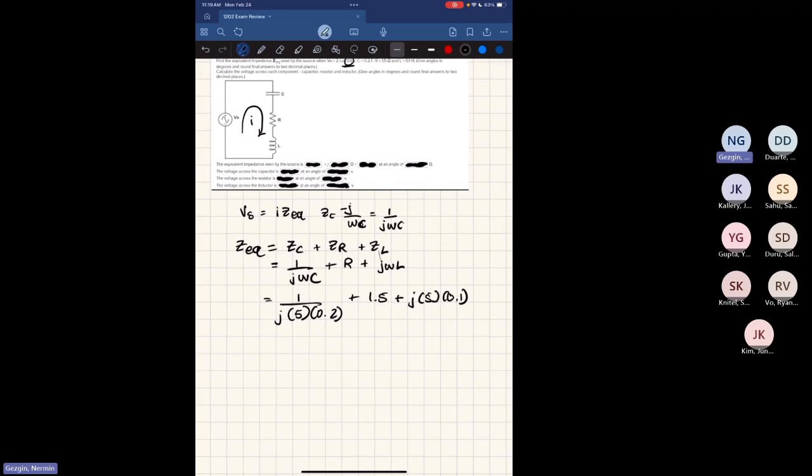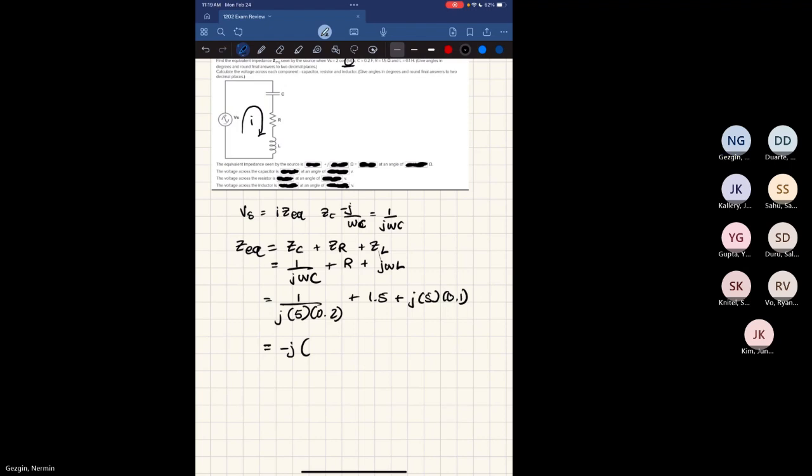So now here, you really just have to be careful over the signs. There are a couple of ways to approach this. You can just remember that you can divide 1 by 5 times 0.2. And remember, 1 over j is the same as negative j.